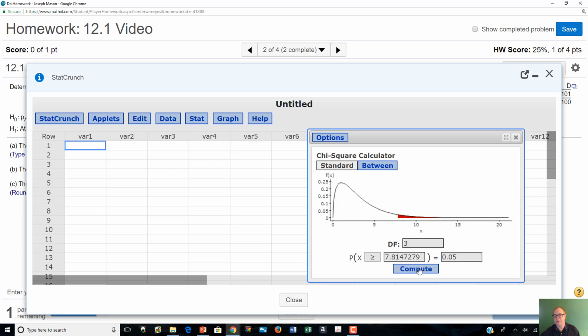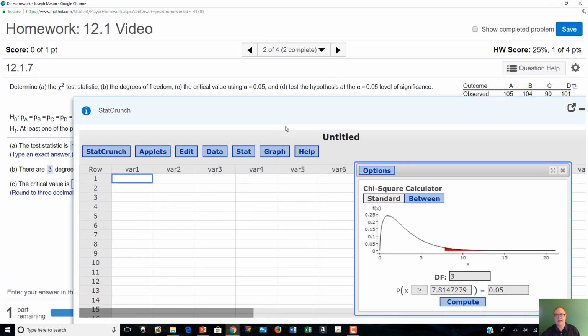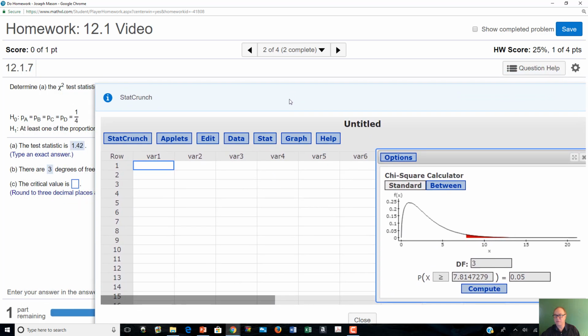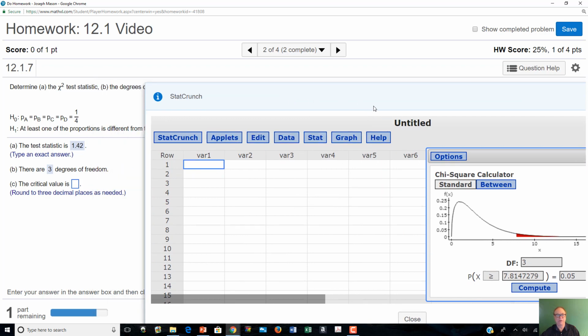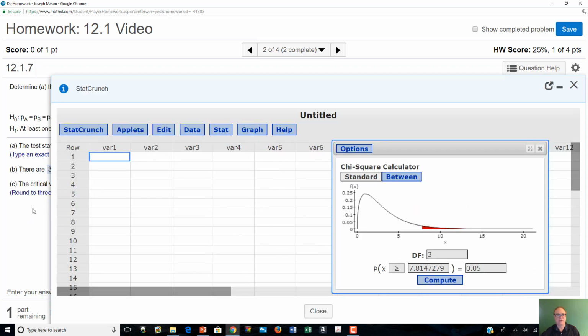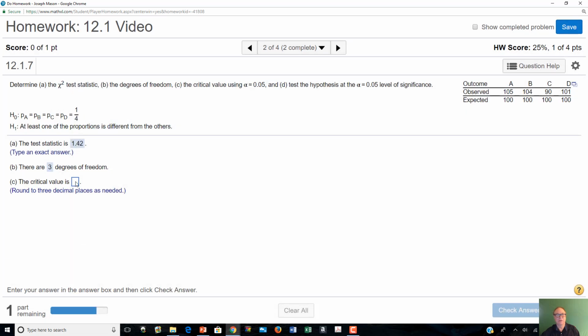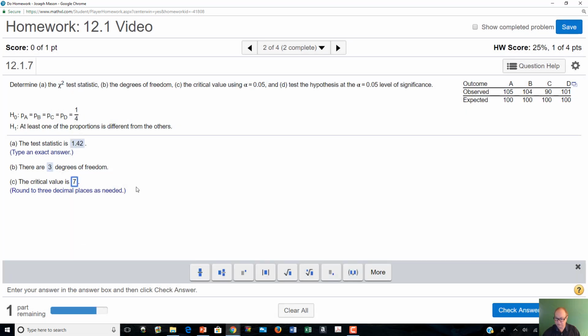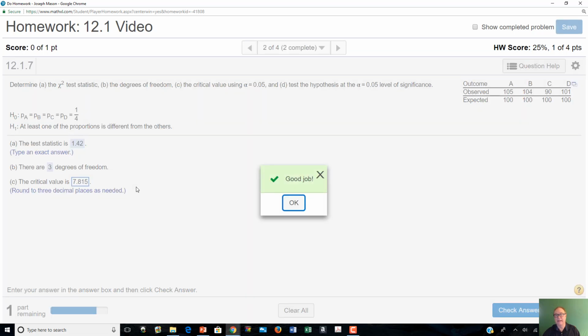And if I compute, I get 7.814, and they wanted it to 3 decimal places, so 7.815. Okay, so usually they give you the table. In this case, you had to go to the calculator. The next problems will see the table.